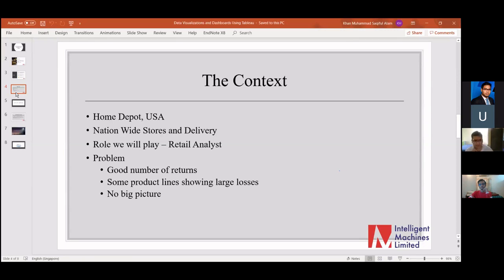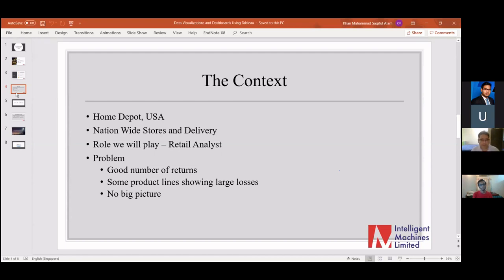They have stores all across America, and they also do delivery. The role we will play here is that of a retail analyst. In fact, instead of root level analysis, the role we will play is more of a business analyst who's going to look at the overall retail.